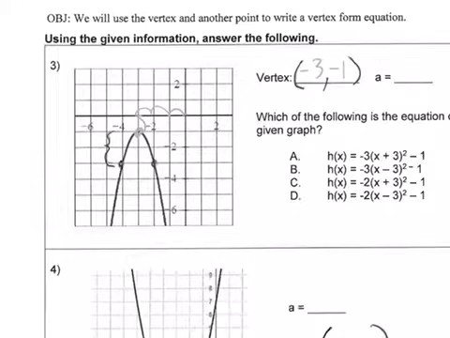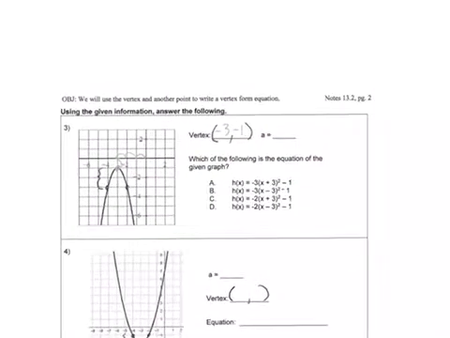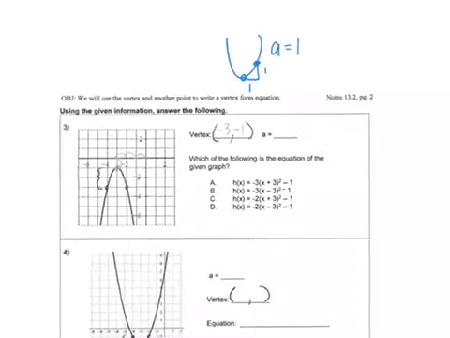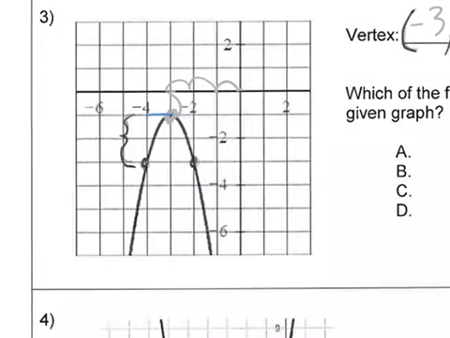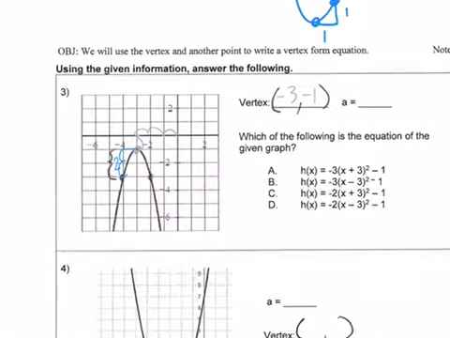But normally when you have a vertex, you go right 1, up 1. So when a is 1, it goes 1, 1. So for this function, we go to the right 1, but we go down 2.